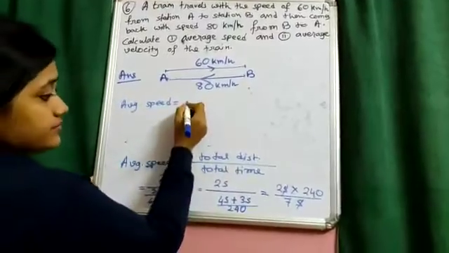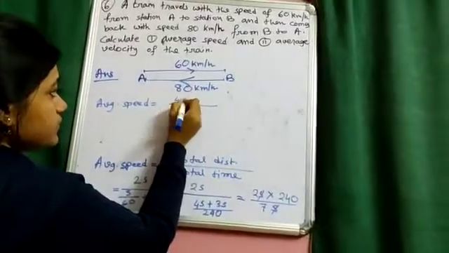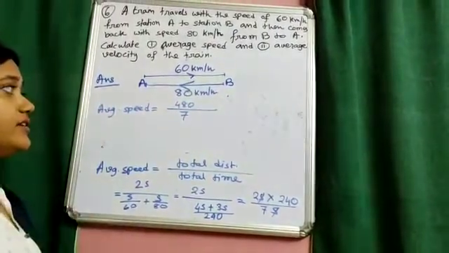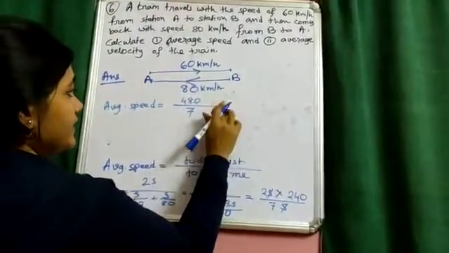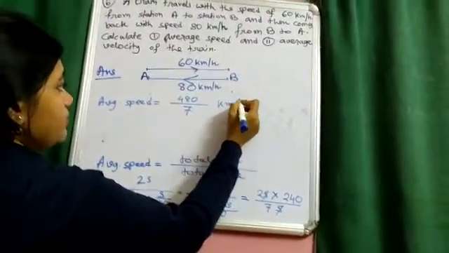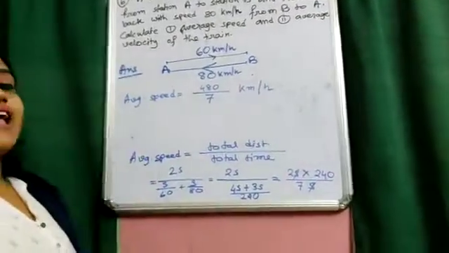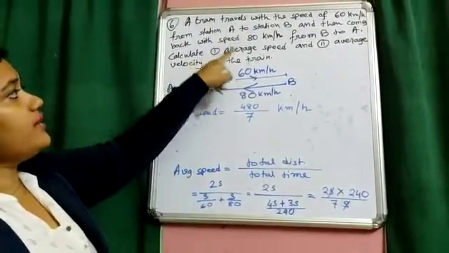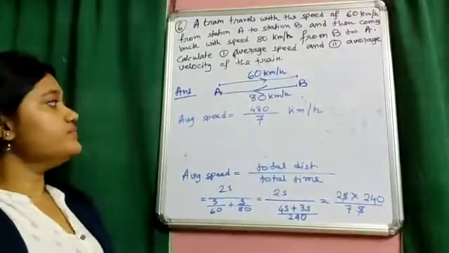That is 480 divided by 7, and the unit will be kilometer per hour. So this is the average speed. The first part we have got. Therefore, the average speed is equal to this much.